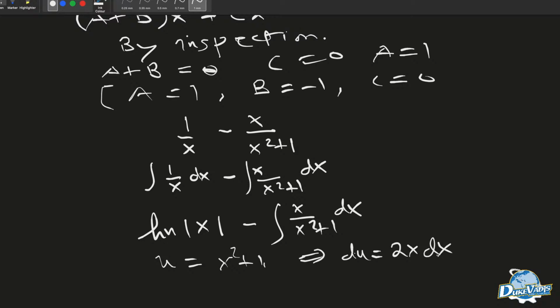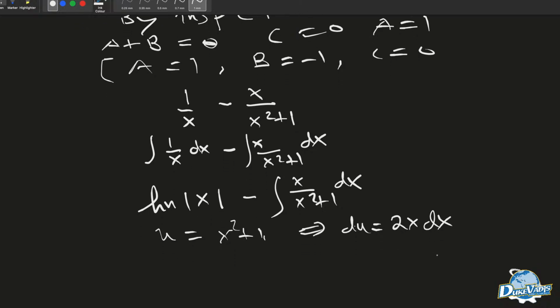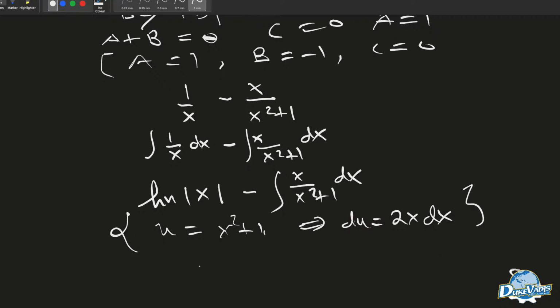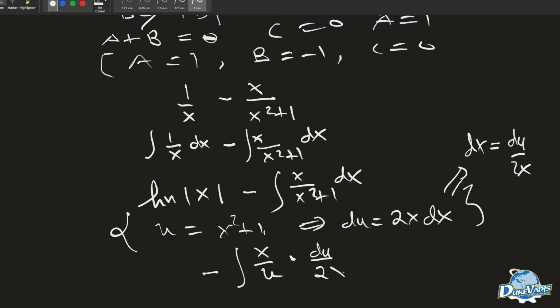Now let's put these back into the integration. So this will be minus x over u, and dx will be equal to du over 2x.